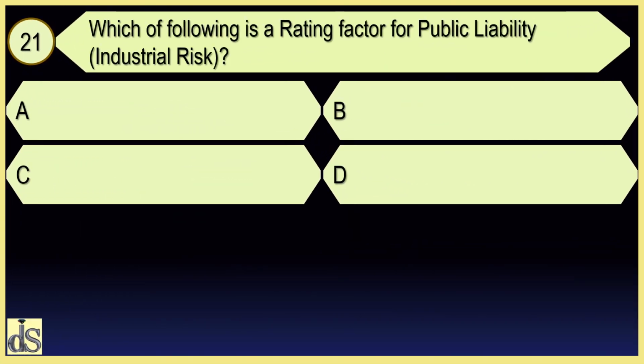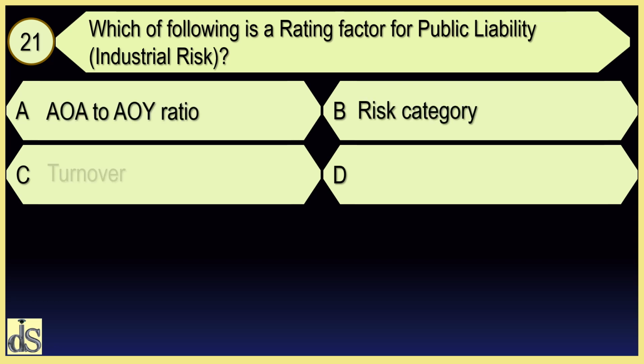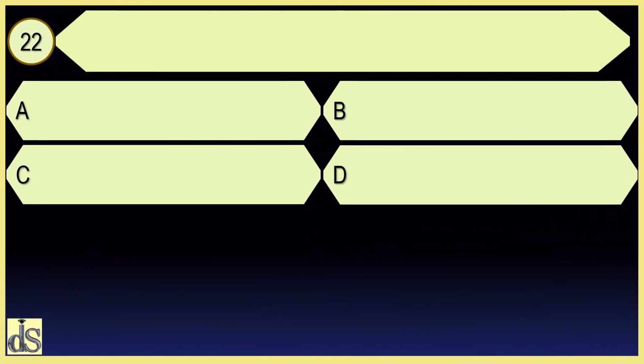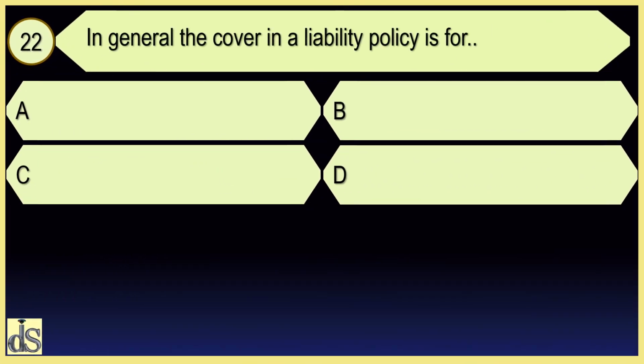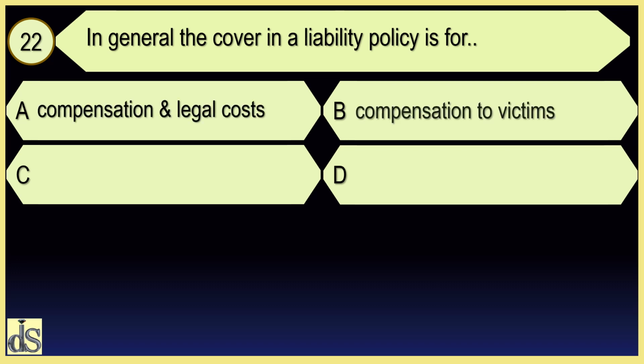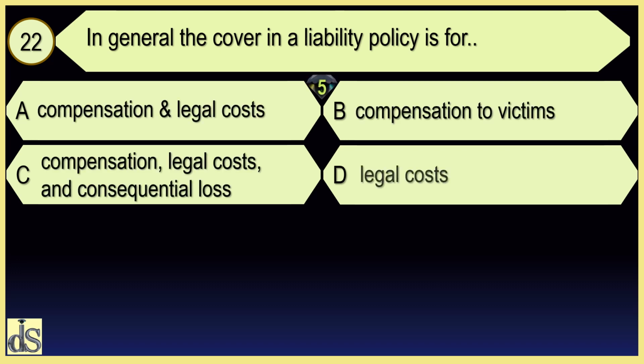Which of the following is a rating factor for public liability? All of these. In general, the cover in a liability policy is for compensation and legal costs.